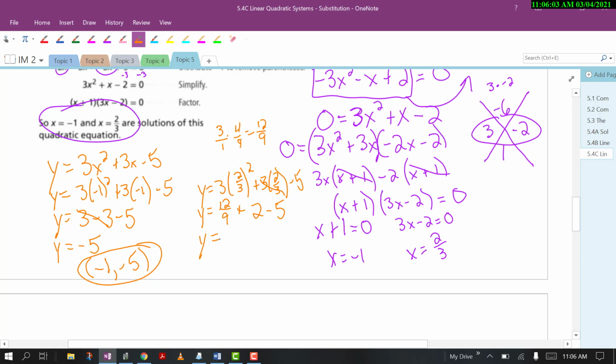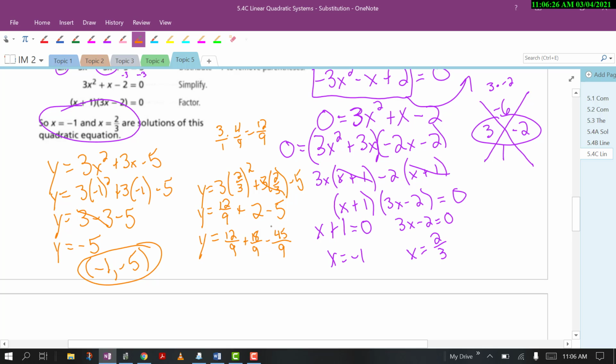So it didn't turn out as nice as we had hoped. So we're going to add all that up. And because I don't have a calculator, and most of you don't either, I'm going to write equivalent fractions and do it that way. So I just multiplied the 2 and the 5 both by 9 to get our numerators.